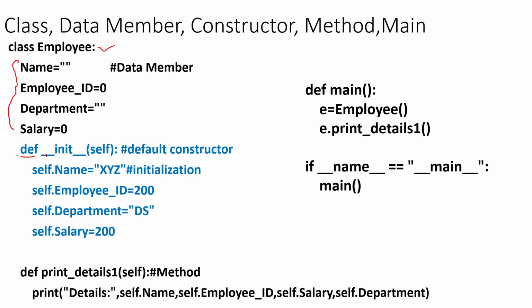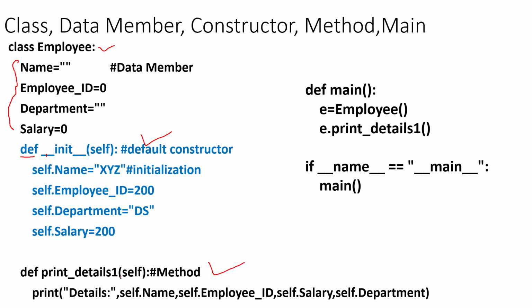As this is a part of the class, one argument that you have to pass is self. So this is the default constructor. Here I'm going to initialize the values xyz, 200, ds, 200 to these attributes: name, employee ID, department and salary.